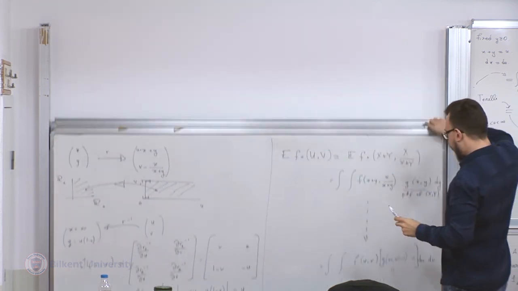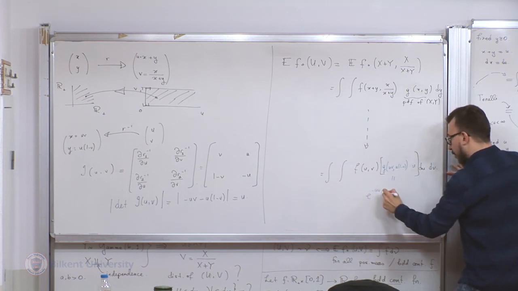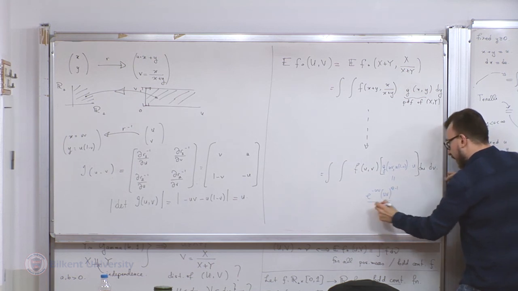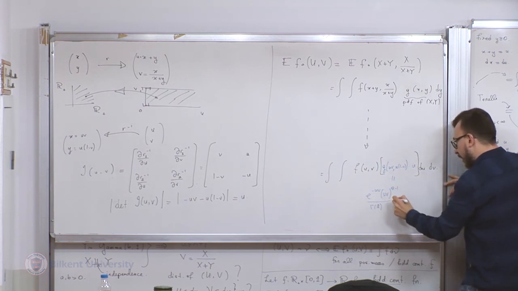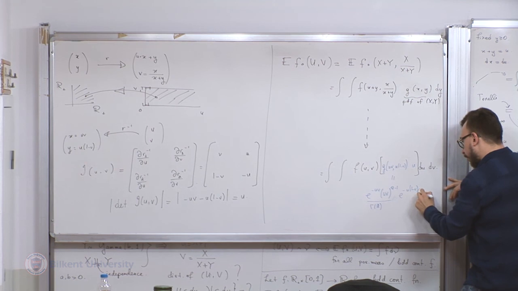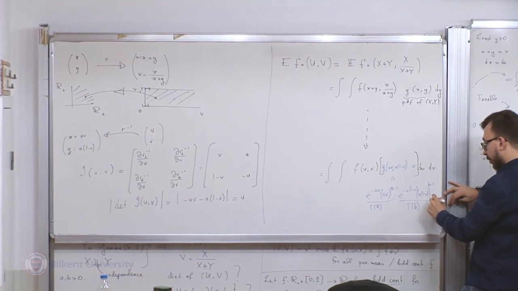So if you write it down, e to negative uv, uv to a minus 1, over gamma of a, times e to negative u(1 minus v), u(1 minus v) to the power b minus 1, over gamma of b, and times u.